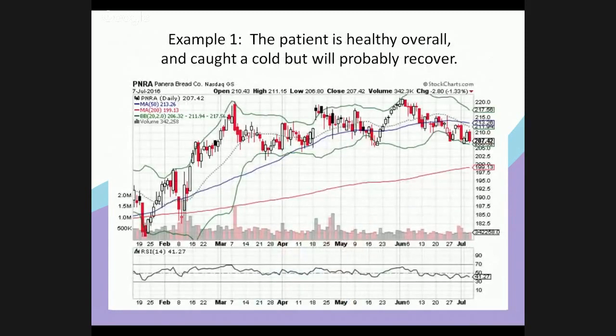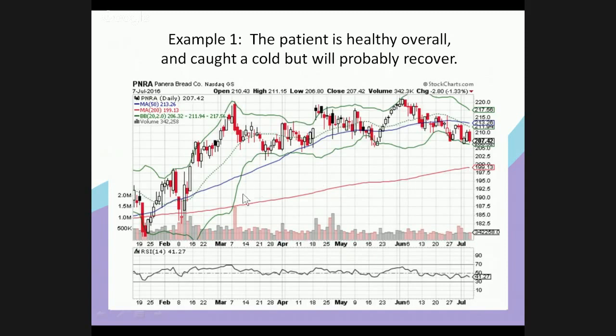So here's example number 1. In this case, the patient is healthy overall and caught a cold, but will probably recover. This is PNRA, which is Panera Bread. It's a well-known restaurant company. I've eaten there myself a number of times, and so I believe in the company. I also like the overall trend.